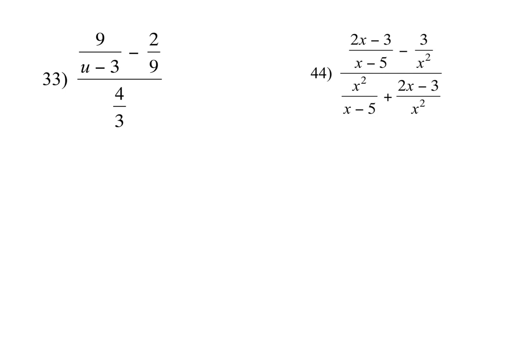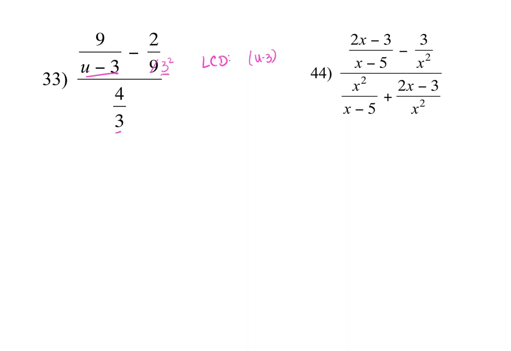So for example, on this one, I would rewrite this 9 as 3 squared so that I don't have to reduce at the end. I'm just rewriting it in factored form. So when I look at this to find a least common denominator, I have to use the u minus 3. I have a 3 squared and a 3 to the first power.